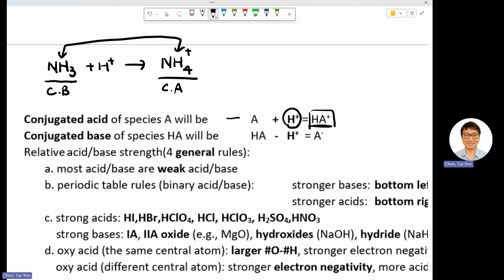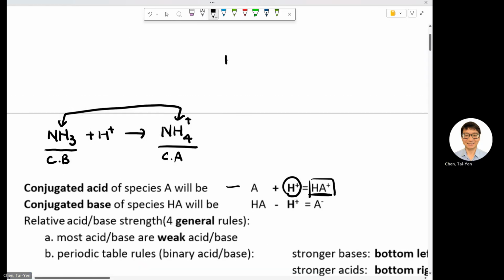Okay, let's do a practice. Find the conjugate base of H2SO4. What you need to do is minus an H. Originally you have two H, so right now you only have one H left. All the other things stay the same. Then you subtract one charge.